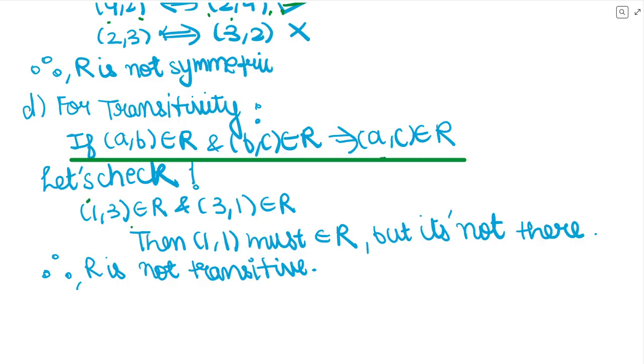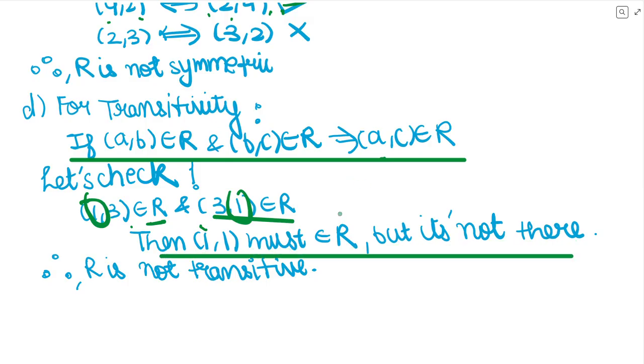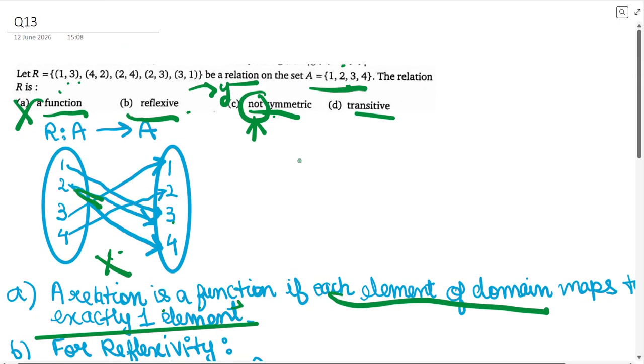We took (1, 3), which is obviously belonging to R, and (3, 1) also belonging to R. But is (1, 1) belonging to R? No, it is not there. And we can find many such pairs in the same relation which are not working for this transitivity rule. That means R is not transitive, but the option says transitive. So this option is also wrong.